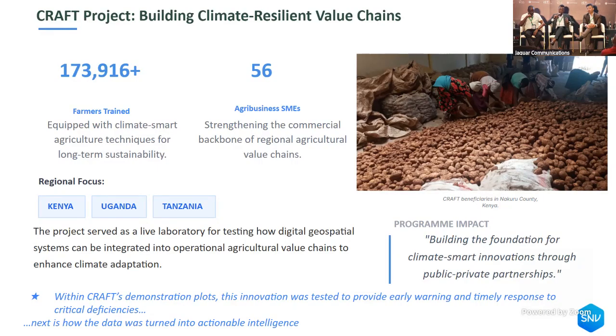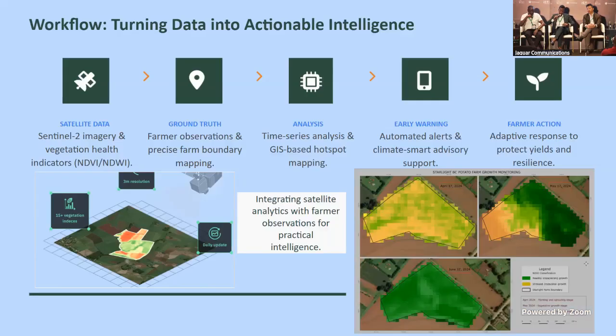And our focus in this presentation was the potato value chain. So how can potatoes themselves tell us they are stressed instead of waiting for farmers to see this visibility? And so we came up with this approach or the workflow, whereby we looked at the 3 critical components.